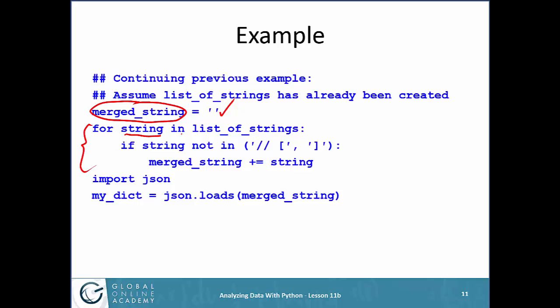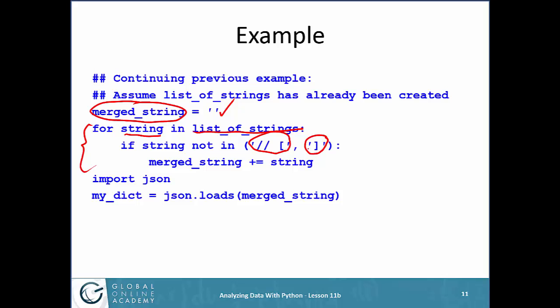For each string in my list of strings, I'm going to check, as long as the string is not in this tuple. Remember, parentheses with values in it separated by commas are tuples, collections of values that can't be changed. Here's the first element of that tuple. Here's the second element of that tuple.